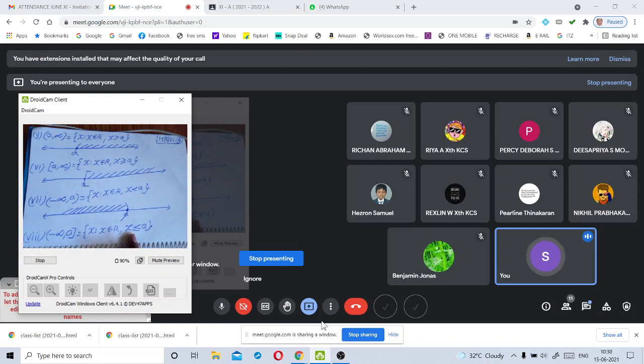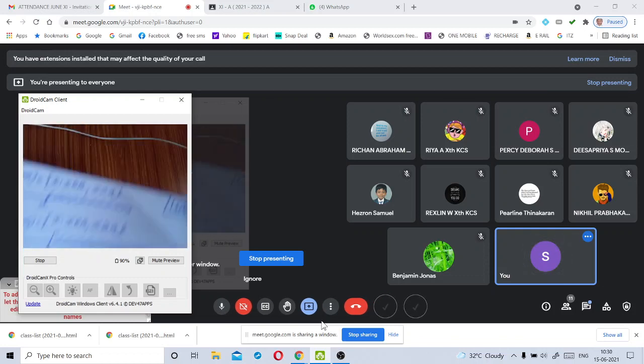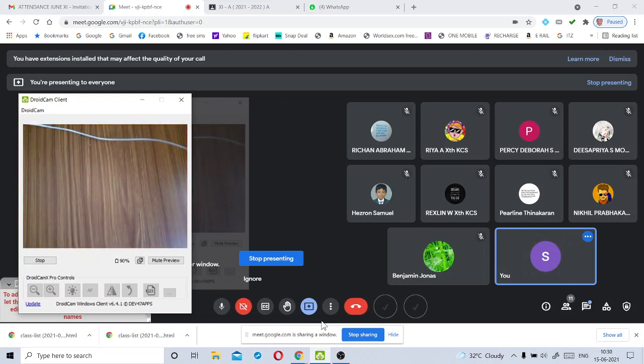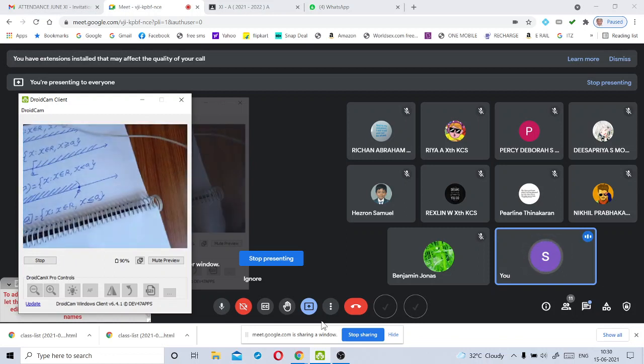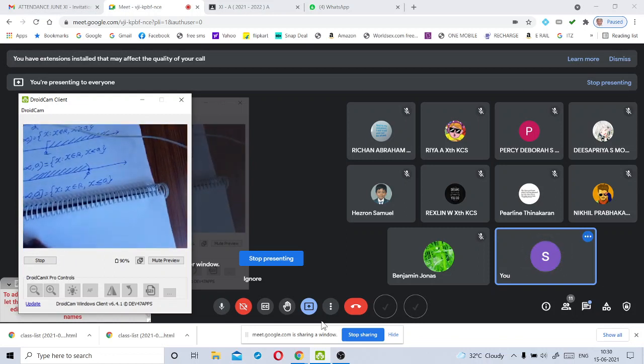In this exercise, intervals will be given and we have to write them in the set builder form like this. And sometimes the set builder form will be given, and we have to write them in the interval form. Okay. We represent this interval pictorially like this.